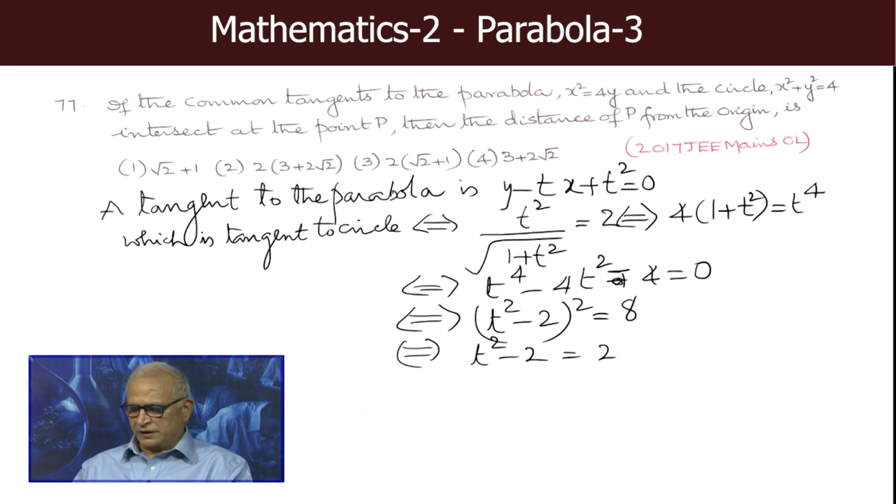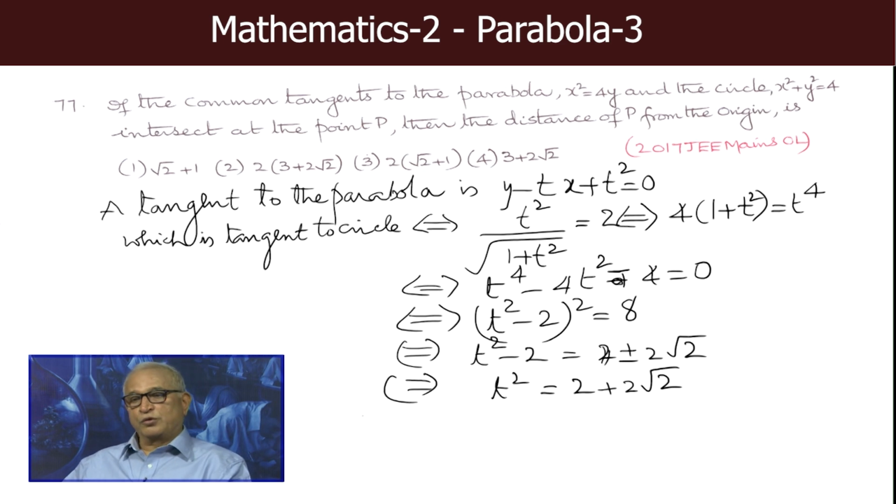T square minus 2 is plus or minus 2 root 2, or t square equal to 2 plus or minus 2 root 2, but t square is positive. So, it is only 2 plus 2 root 2. It cannot be 2 minus 2 root 2, because 2 minus 2 root 2 is negative. So, t square equal to 2 plus 2 root 2.